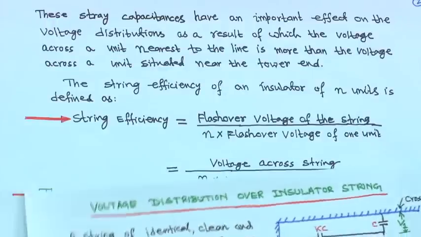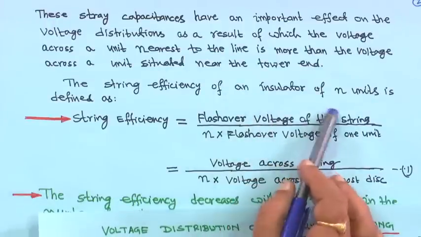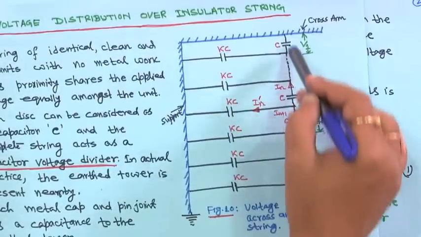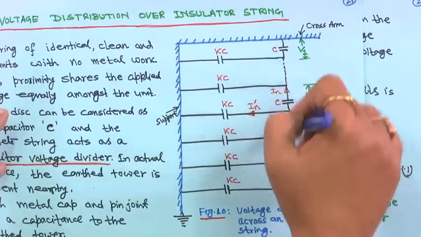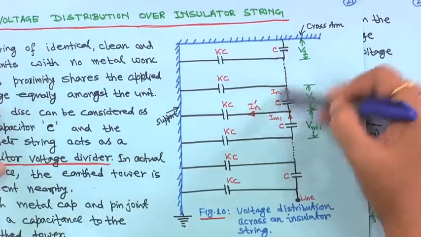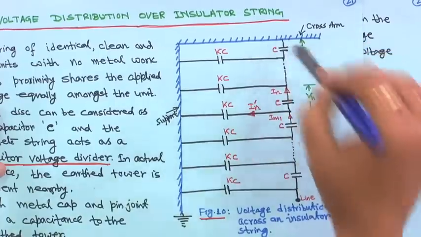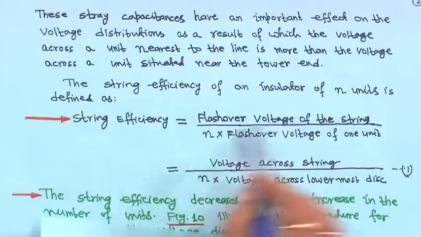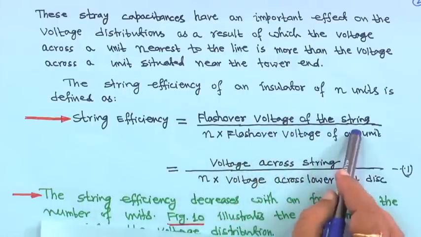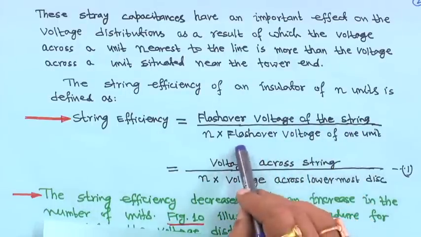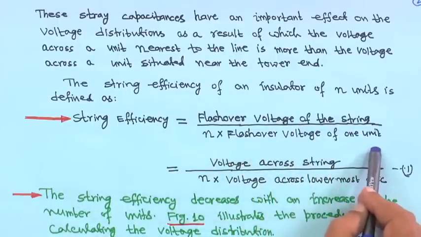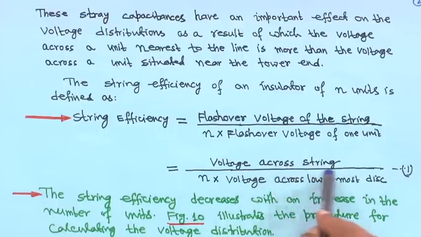The string efficiency of an insulator of n units, suppose in this string you have n number of units, will be the flashover voltage of the string divided by n into the flashover voltage of 1 unit. Another way you can write it is voltage across the string divided by n into voltage across the lowermost disk.